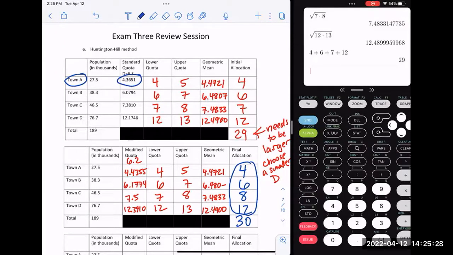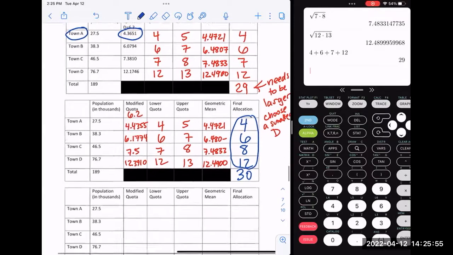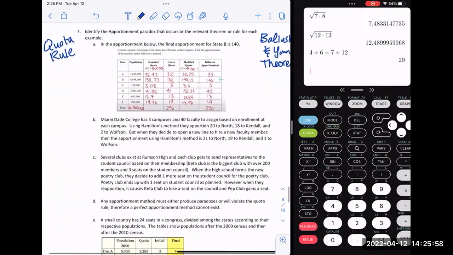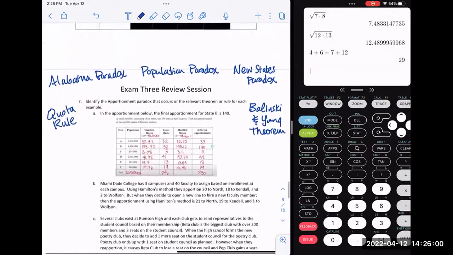That really means that based on their population, town A should have been apportioned 4.3651 planes to help in the rescue efforts after the hurricane. But you can't assign 0.3651 of a plane, right? So we would either assign them 4 planes or 5, but we shouldn't see anything besides that. It would not be a very fair method if they got 6 planes, or if they got 3 planes. That's what the quota rule is saying. They should get either their lower or their upper quota.